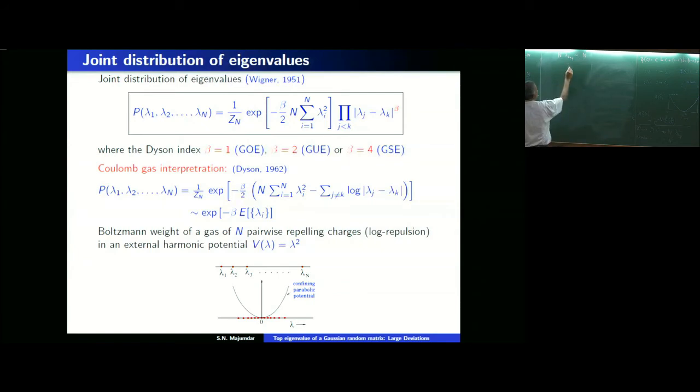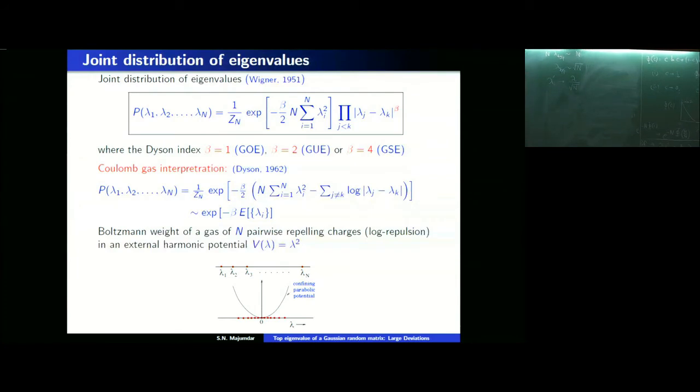So that means typical lambda will scale like square root of n. Okay? So in order to make the eigenvalues of order 1, I can rescale. I can call it a new lambda i prime, which is old lambda i divided by square root of n.